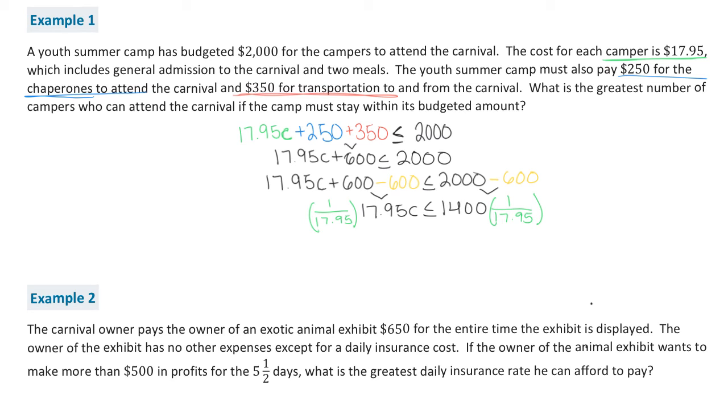All right, when we have a value and we multiply it by its multiplicative inverse, we get 1. So now on the left side of my inequality, I have 1C is less than or equal to 1,400 over 17.95. Go ahead and calculate this problem in your calculator.